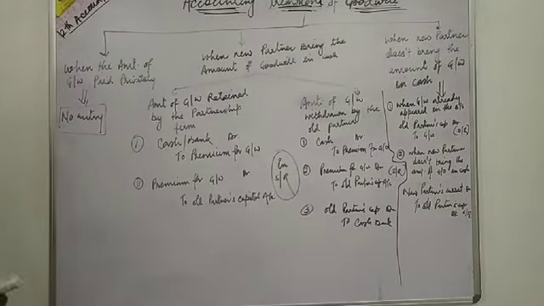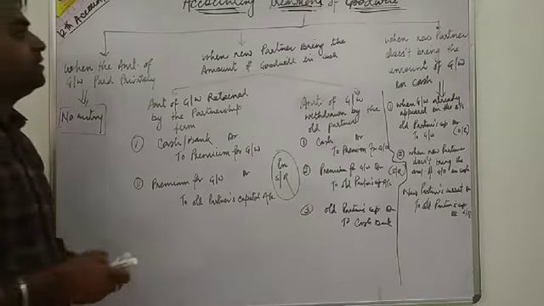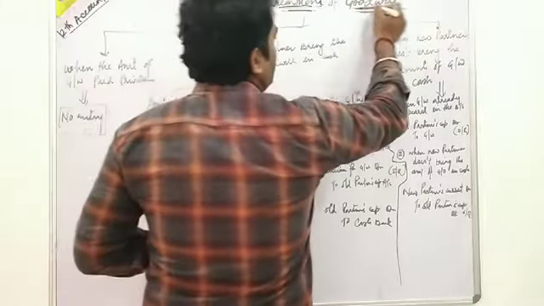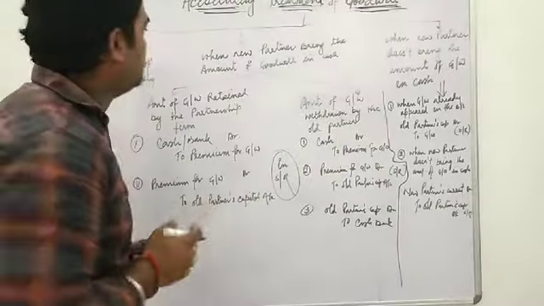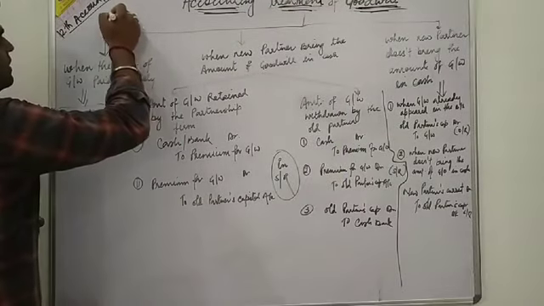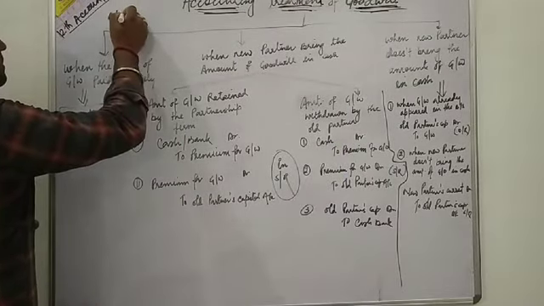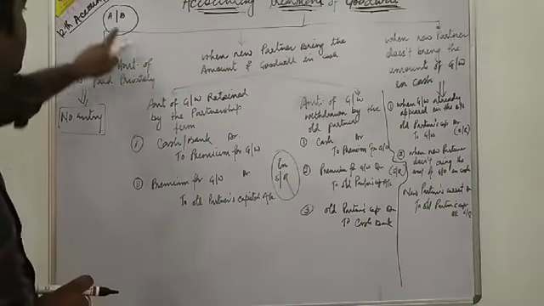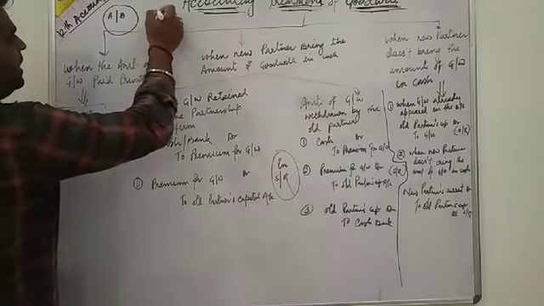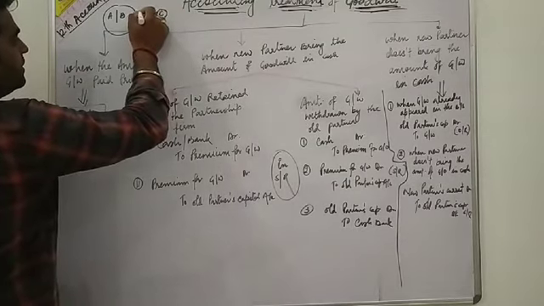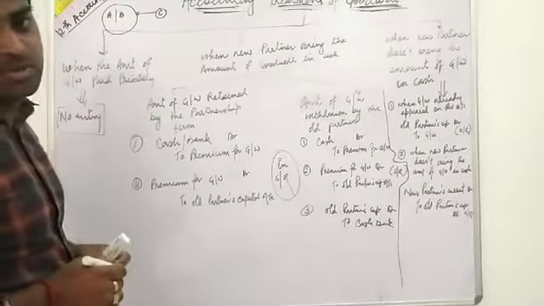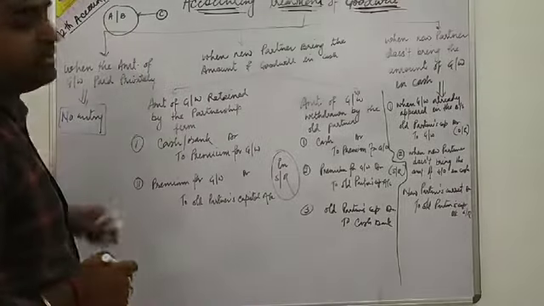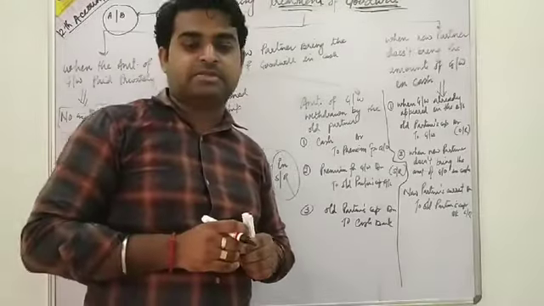If we talk about the accounting treatment of goodwill, suppose A and B are two partners, and C is taking a new admission. A and B established the business.